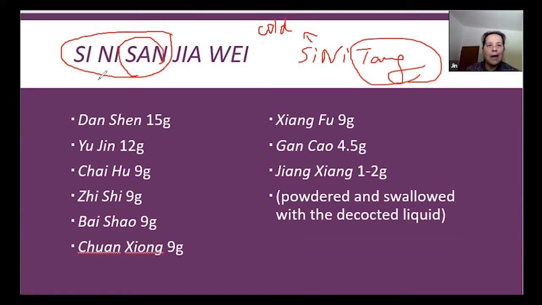But 四逆散 is the formula especially for moving liver qi. So 散 and 汤 are not the same, and that applies to 四逆散 and 四逆汤.